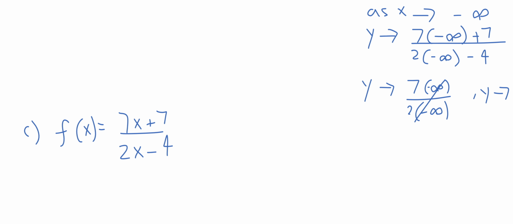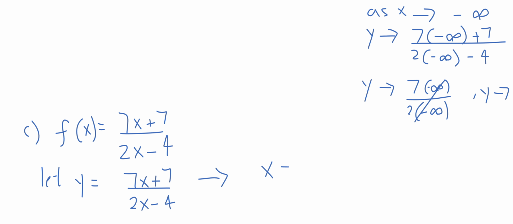To find the inverse of a function, the first thing you do is let y equal 7x plus 7 over 2x minus 4. Then you replace y's with x's and x's with y's. That gives you x equals 7y plus 7 over 2y minus 4.